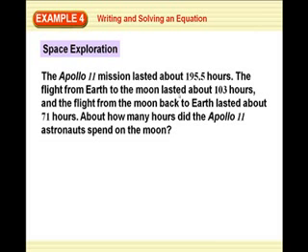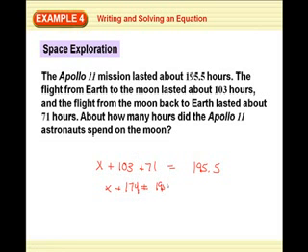So the whole thing lasted 195.5. We don't know how long they were on the Moon, but they were flying there about 103 hours and back 71 hours. So add what we know, 174 plus x equals 195.5.